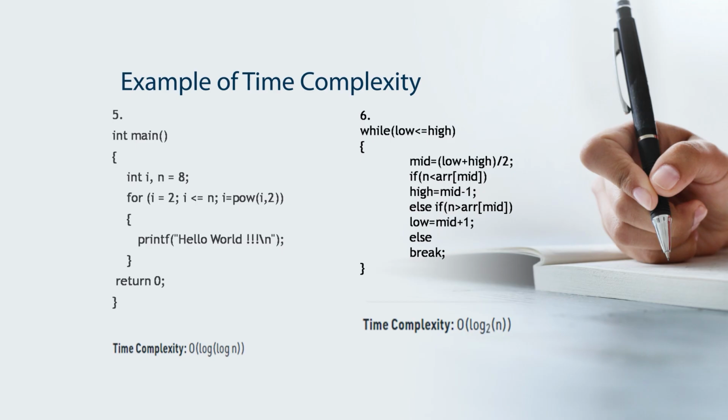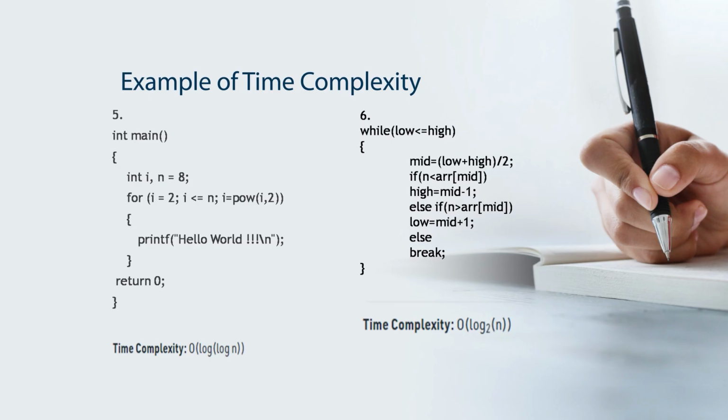Here this is the for loop, this is the while loop, and this while loop belongs to binary search. There are two kinds of search, linear search and binary search, and this while loop is used in binary search. Every time, you can see if n is less than array of mid then high equal to mid minus 1, else if n greater than array of mid then low equal to mid plus 1. That is the algorithm used in binary search.